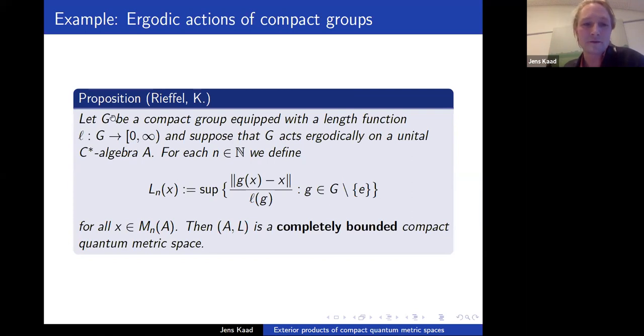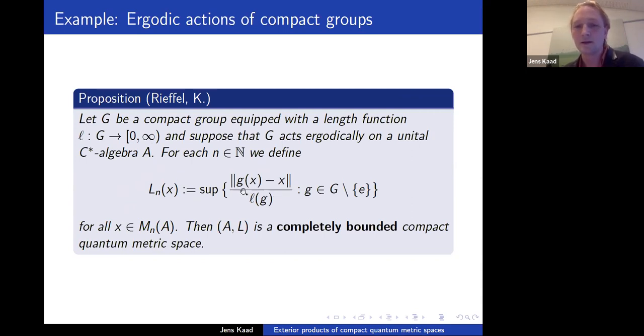And you also have a length function on this compact group. And then I can also define one of these Lipschitz operator seminorms. My operator system is just the unital C-star algebra A. So I have to define what my Lipschitz operator seminorm does to an n matrix with entries in A. I take something like the norm of the derivative at the unit.